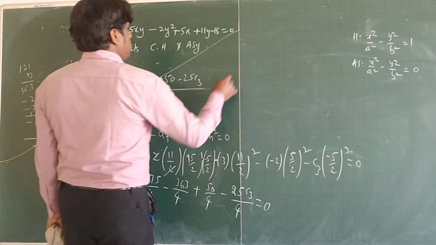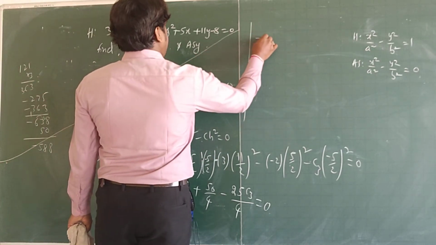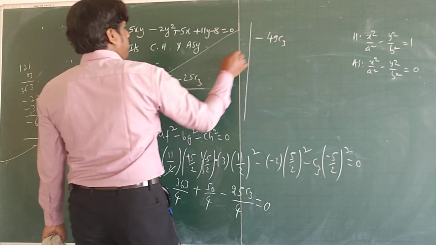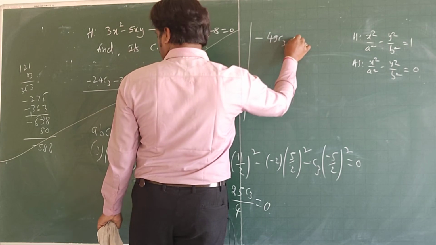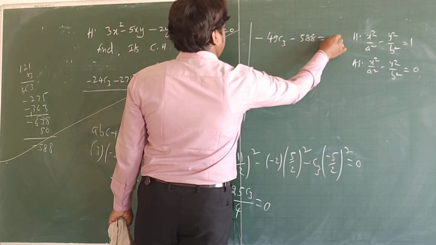Adding both c3 terms, we get minus 49 c3 minus 588 is equal to 0.